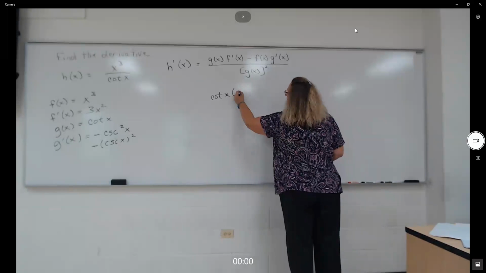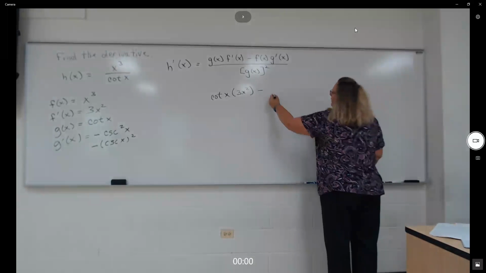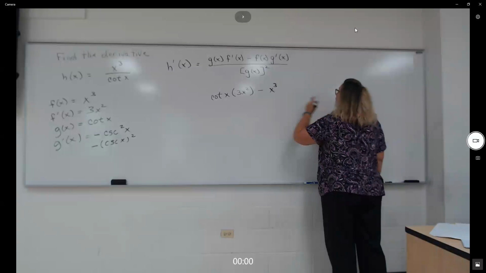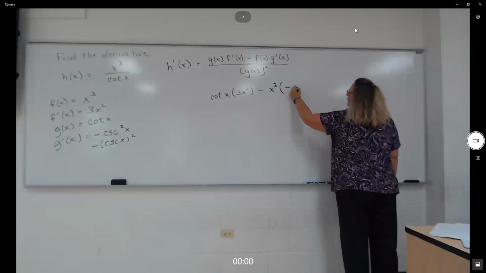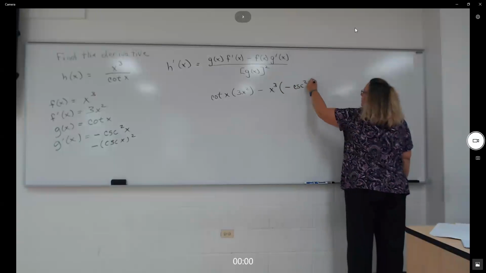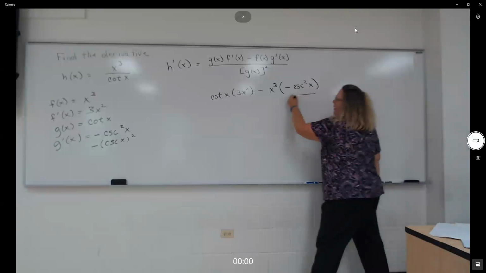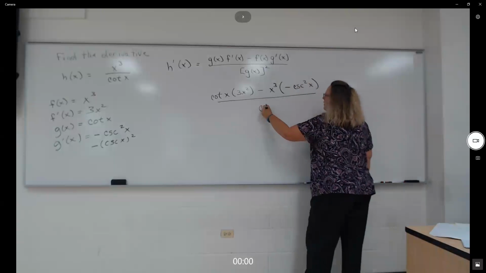Derivative is 3x squared. F of x is x to the third. Just be careful here, the derivative, so parenthesis, negative cosecant squared. And then all of that bottom. Well, that's not too bad. Cotangent squared.